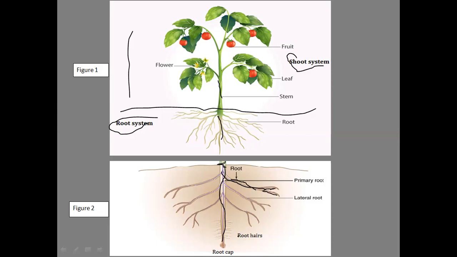The function of roots is to absorb minerals and water from the soil. The root also has a root cap, and its main function is the protection of the root.